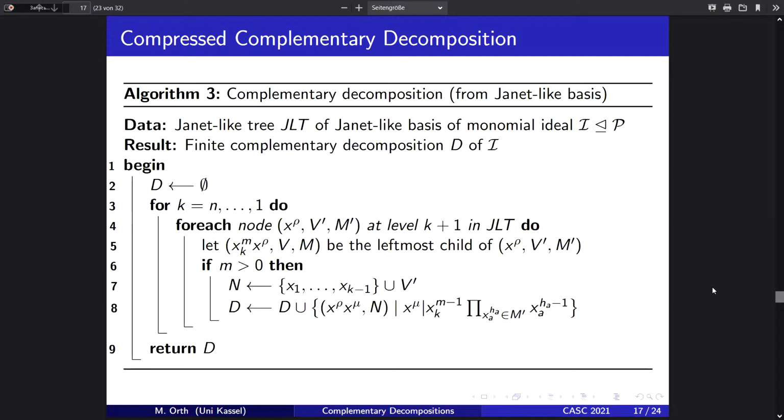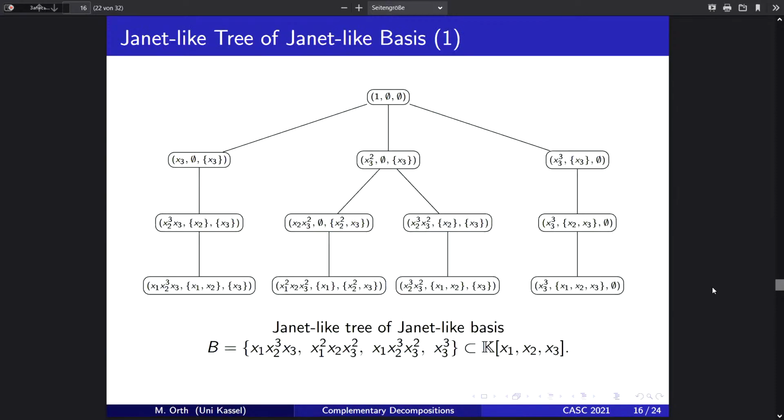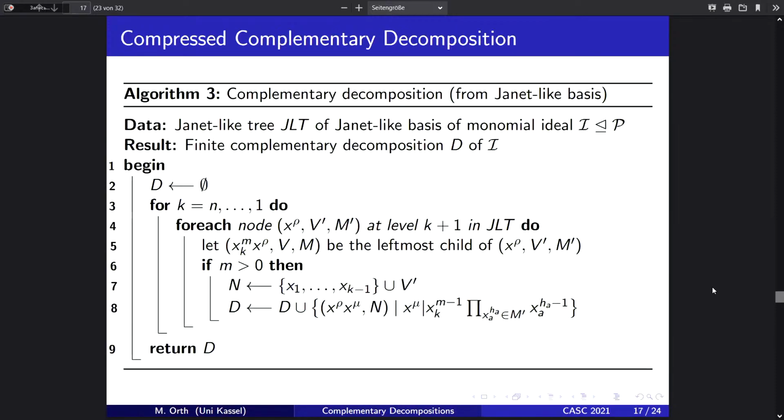The algorithm has a very similar structure to the Janet algorithm, the last algorithm. But here in line 8, you can see that the assignment of cones is a bit more complicated. You use the Janet-like non-multiplicative powers to assign these cones.